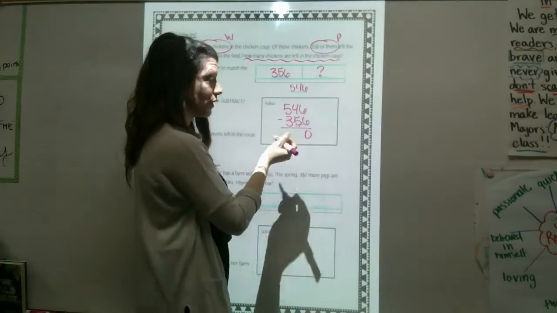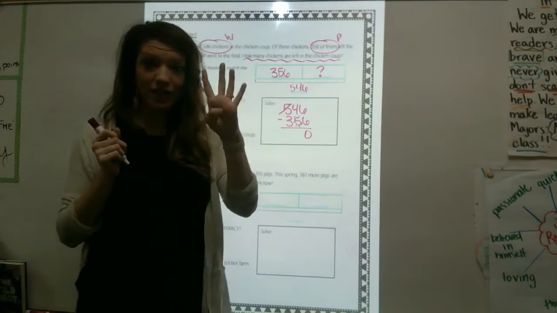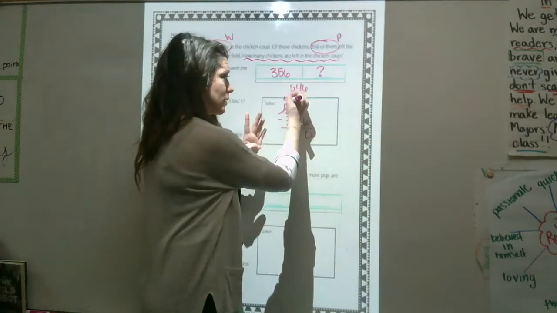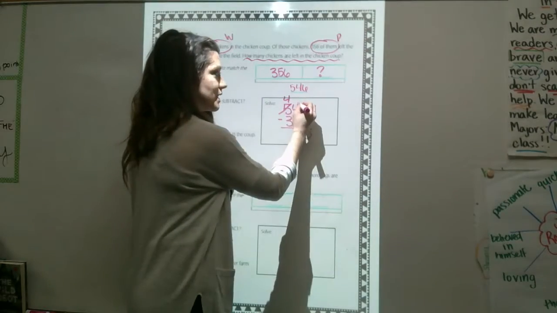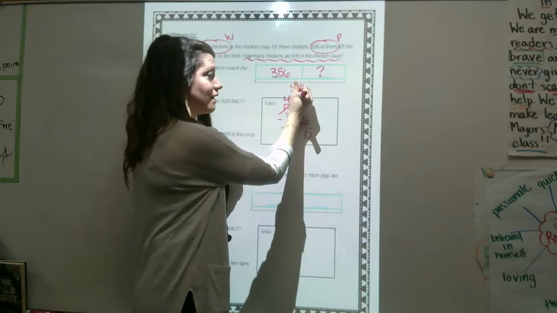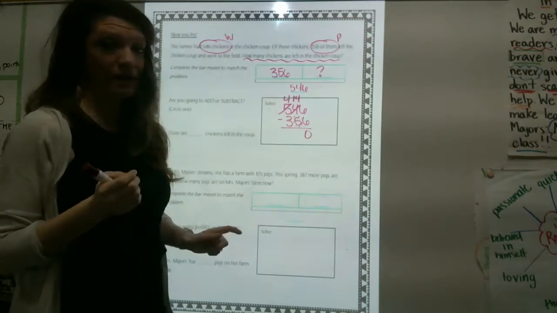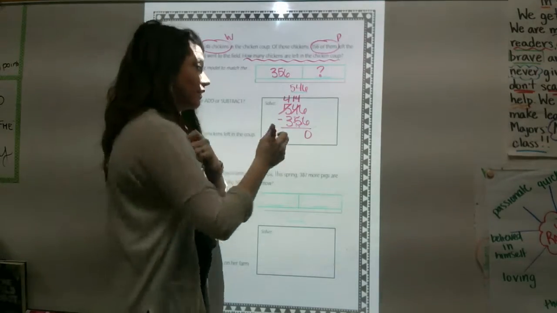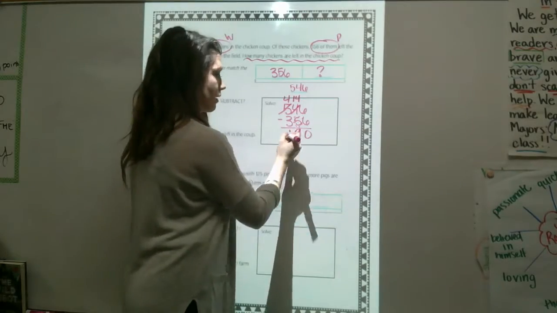So I'm going to have to regroup. So I'm going to come over here and take 100. If I have 500 and I take 1, I have 4 left. I can't just take that 100 away. I have to regroup it into 10 tens. So I have 4 tens now, and when I add my 10 tens, I'm going to have 14. Now, can I do 14 minus 5? Yes, that's 9. And 4 minus 3 is 1.